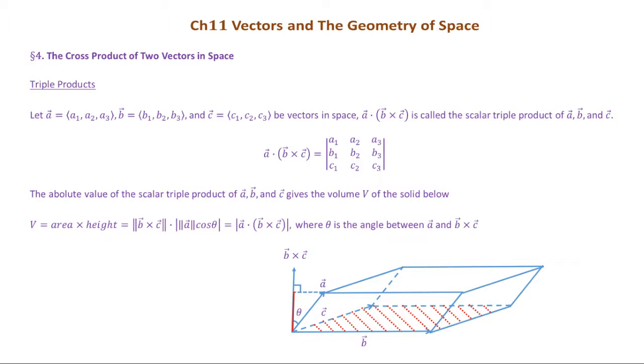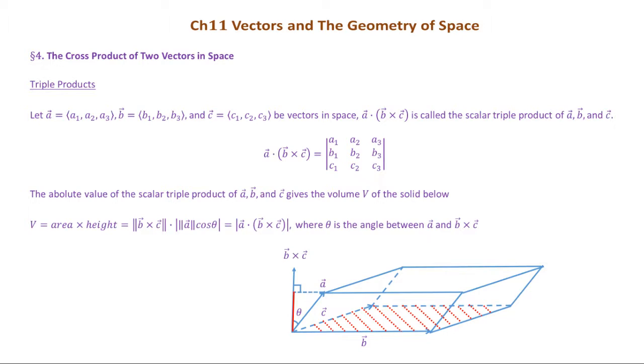You just take the determinant of the matrix A1, A2, A3, B1, B2, B3, and C1, C2, C3. And you should not get it wrong for the rows and the columns, okay, for this matrix. All right, so that's how we compute the triple product of three vectors algebraically using matrices or determinant.